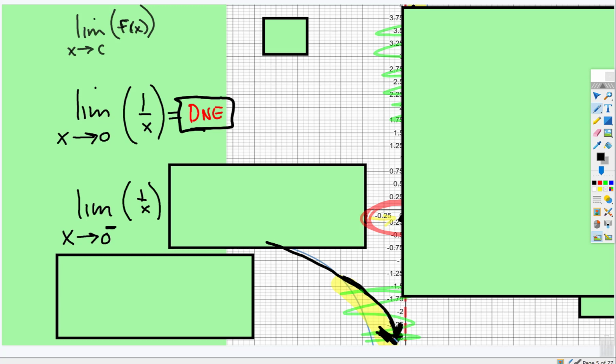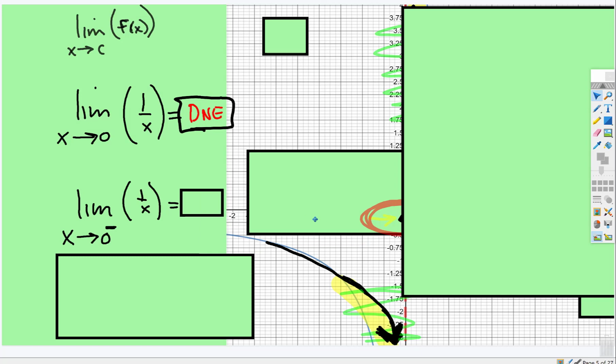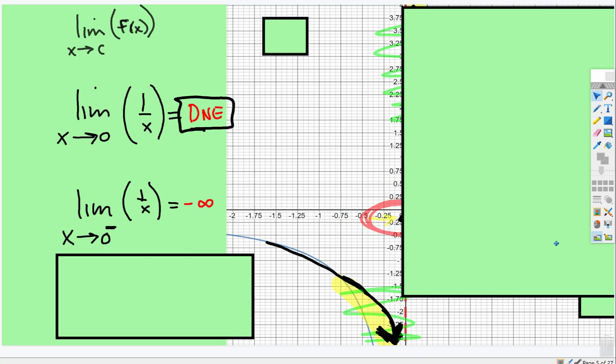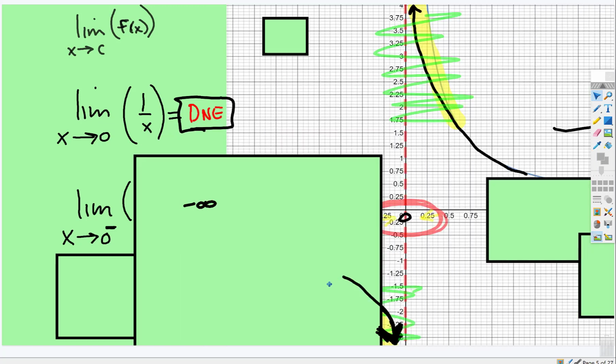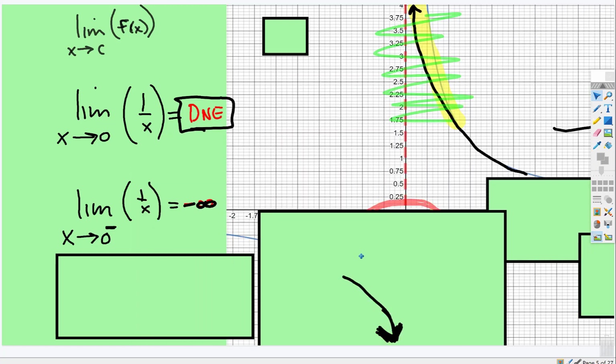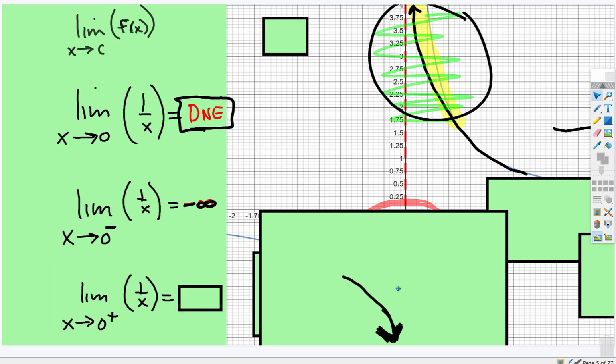Well, that's only one height, and it's headed towards negative infinity. So on one-sided limits, you actually can put where the graph is intending to be. Well, the intended height is it's going off towards negative infinity. And if we did the same thing with the right side, what is this behavior doing right here? Well, it's headed towards positive infinity.